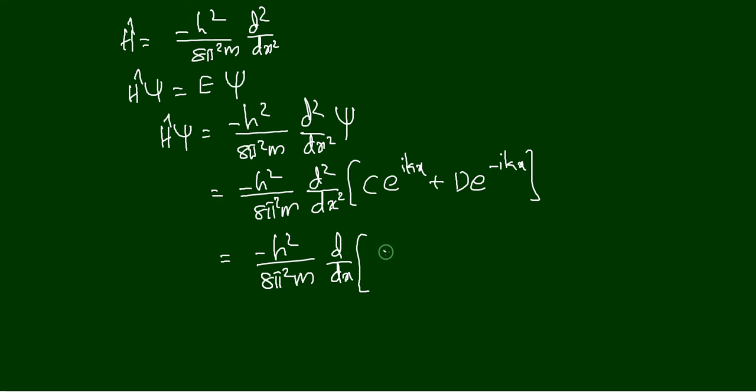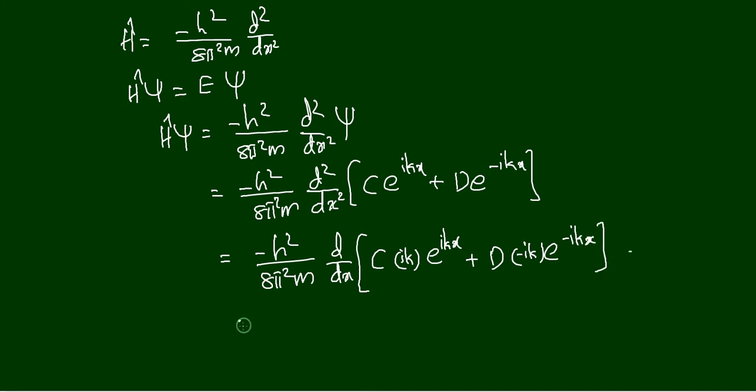That is equal to C ik e raised to ikx plus D minus ik e raised to minus ikx.